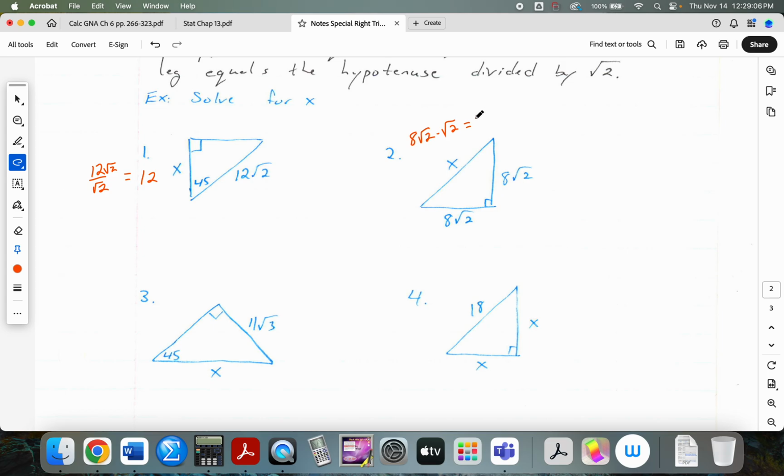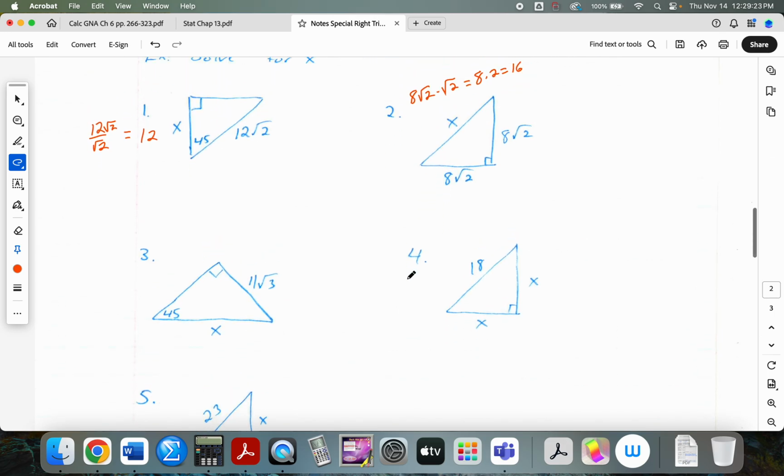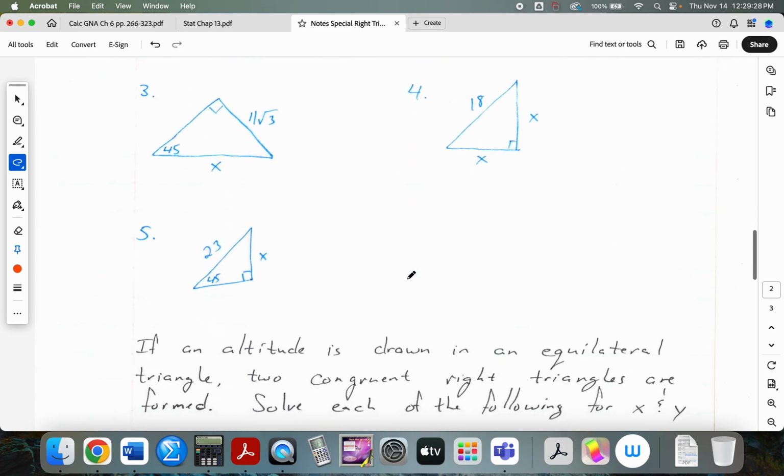I mean 8 times 2, which is 16. So x is just 16. And it doesn't have to have a square root of 2 involved with it at the beginning or at the end for that matter.